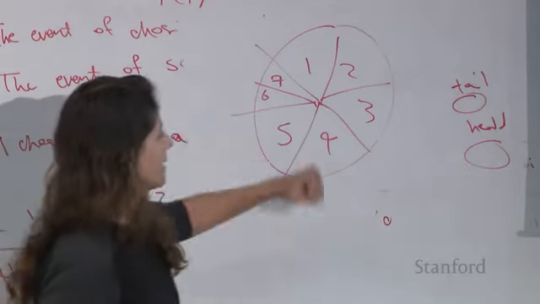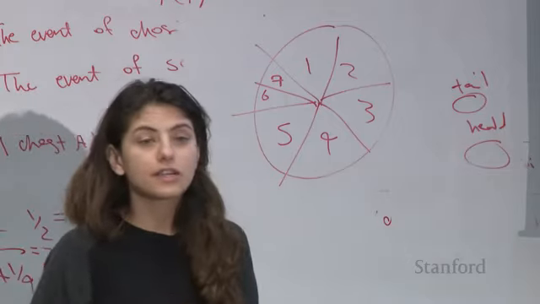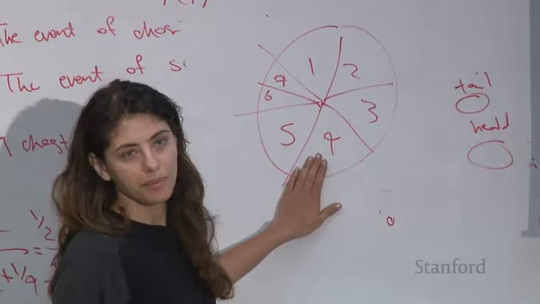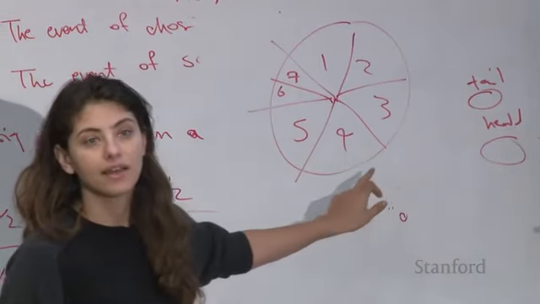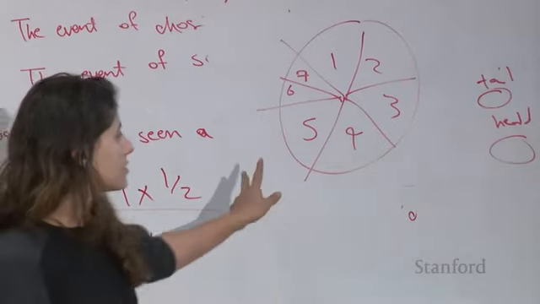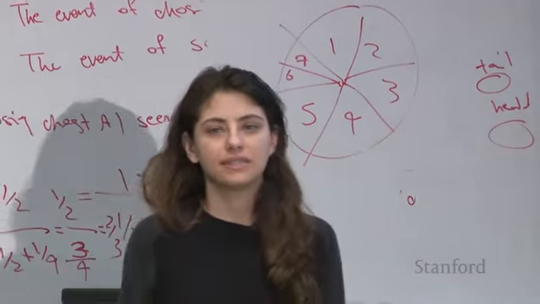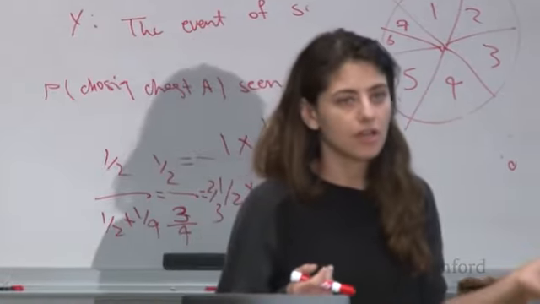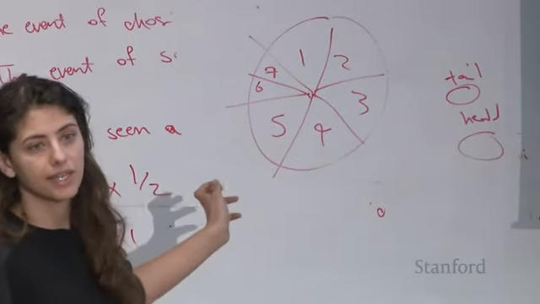You spin this spinner and you toss this coin, right? So the question is what's the probability that you see an odd number from the spinner and a head from the coin? As you see, these two random variables are completely independent, right? It doesn't matter if you see head or tail from the coin, or if you see an odd or even number from the spinner, right?